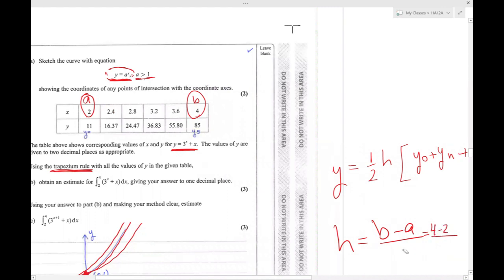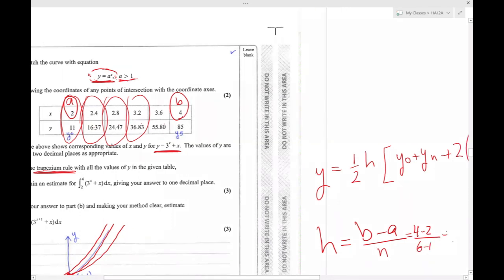Strips means the columns that are found in the table. So 1, 2, 3, 4, 5, 6. 6 minus 1 is n. Therefore, this is equal to 2 over 5.